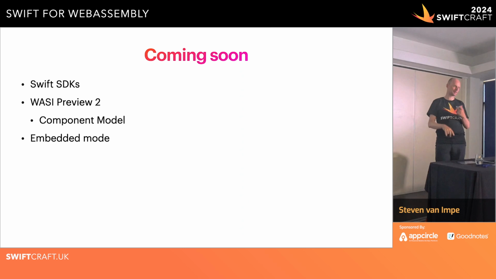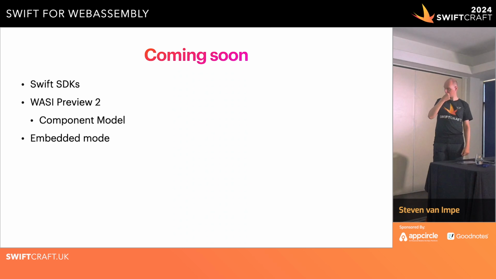So you can just use Swift strings or your own Swift structs as types, importing and exporting them from your modules. That's basically what I'm waiting for before I can do an upgraded version of this talk with all the fancy new stuff. Preview 2 was released not so long ago, so we're just waiting now for support to come to Swift, hopefully soon.